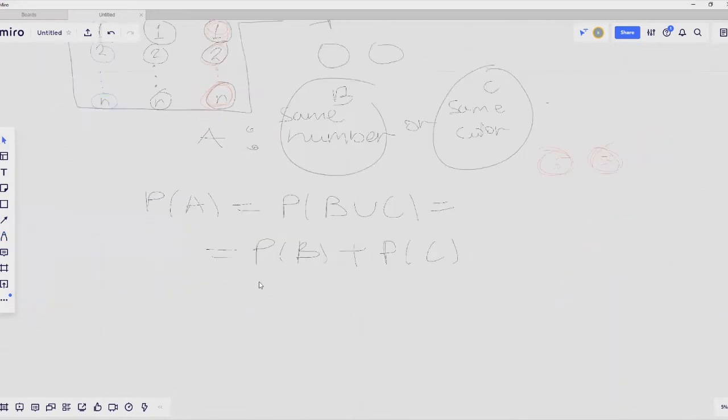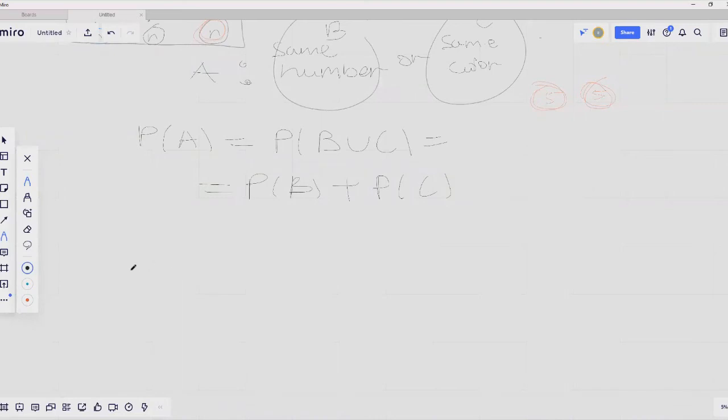Now, let's find the probability that we are drawing two chips that have the same number. So the probability of event B might be expressed as the probability of the following union of events. Either we draw two ones, or we draw two twos, or two threes, and so on, or two n's, so two chips with number n on them.